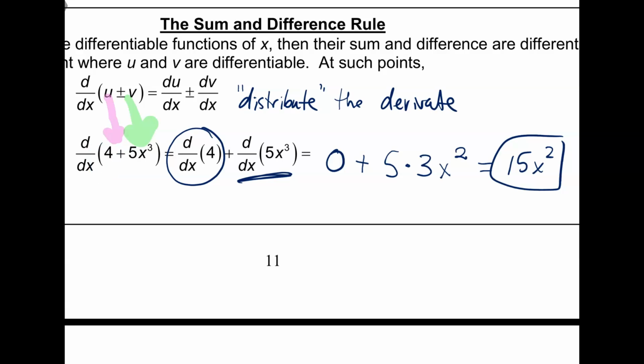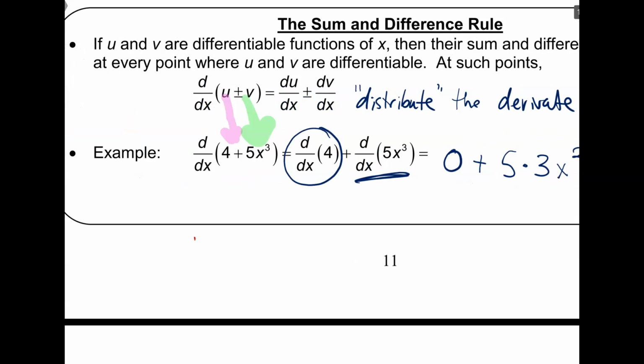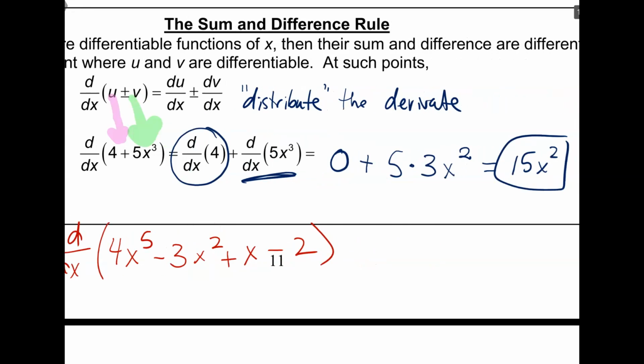Let's do another example, just so we really dig this down. Let's see, d dx of, let's make it interesting. How about 4x to the 5th minus 3x squared plus x minus 2. There we go. Okay, that's a big one.